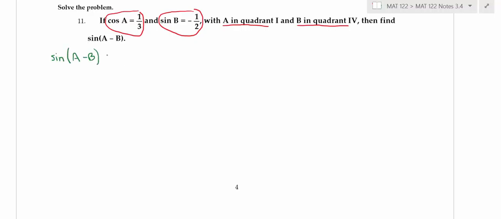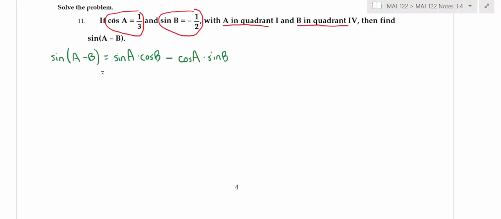So the identity goes like this. Sine of A times cosine of B, same sign, then backwards, cosine of A times sine of B, like this. Okay, now we've been given a couple of things.